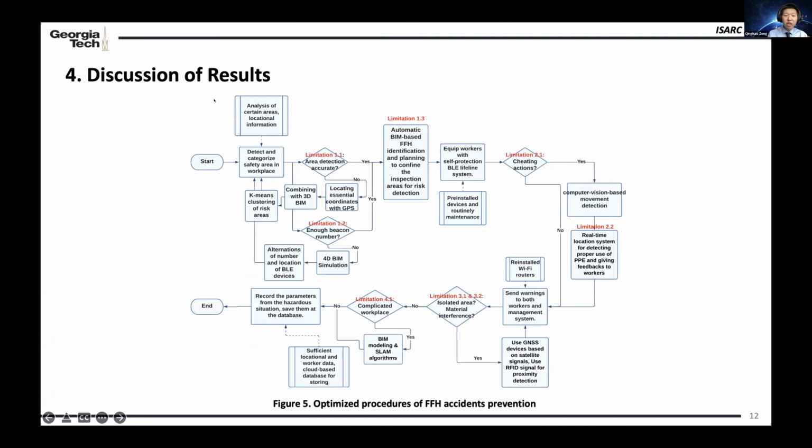We address each limitation at this decision-making point. If the area detection accuracy is not good within that specific space, then we should locate essential coordinates with GPS, combine them with the 3D BIM model, and use the K-means clustering methodology for risk areas.